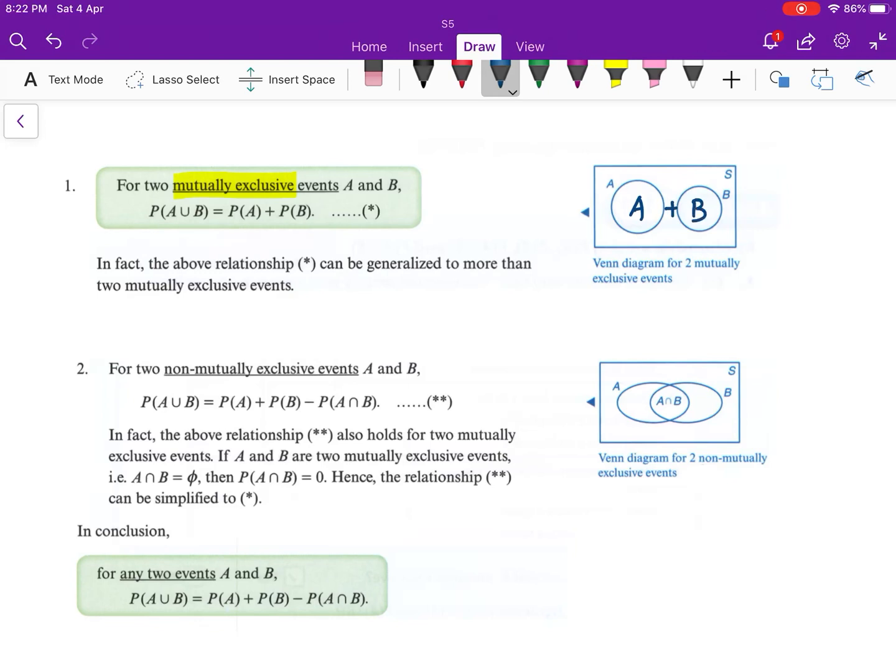But if this is non-mutually exclusive, because they have some overlap, right? When you're doing the plus, a lot of students may think, okay, if I want to find the probability of A or B, that means probability A plus probability B. Is it true?